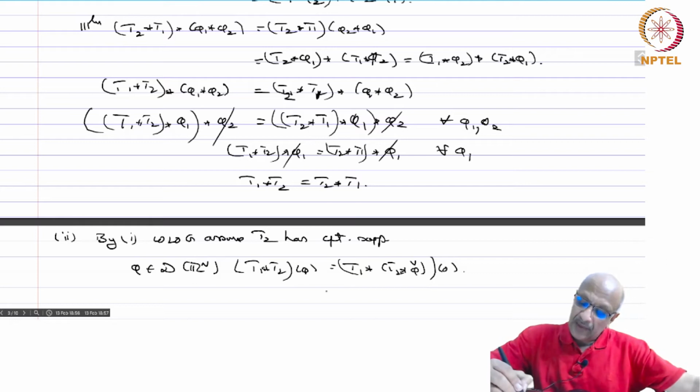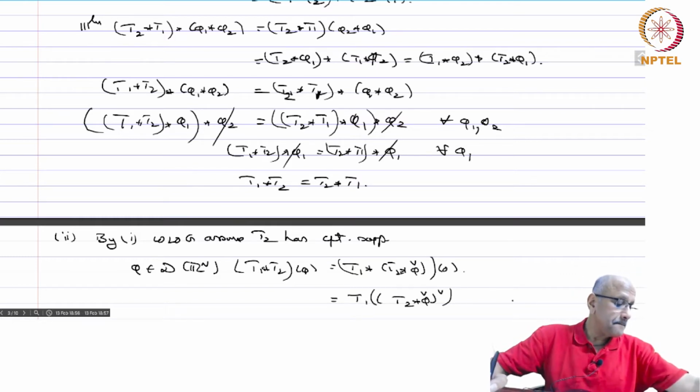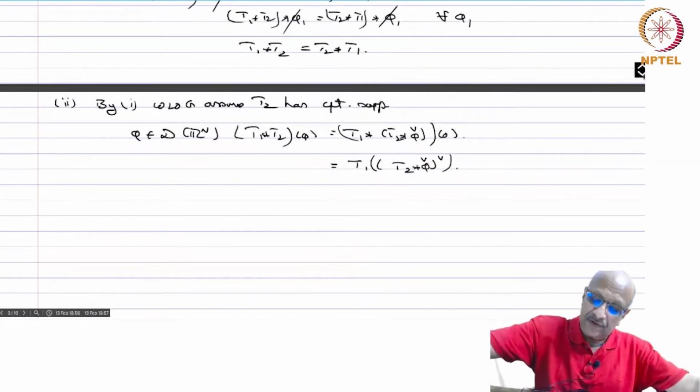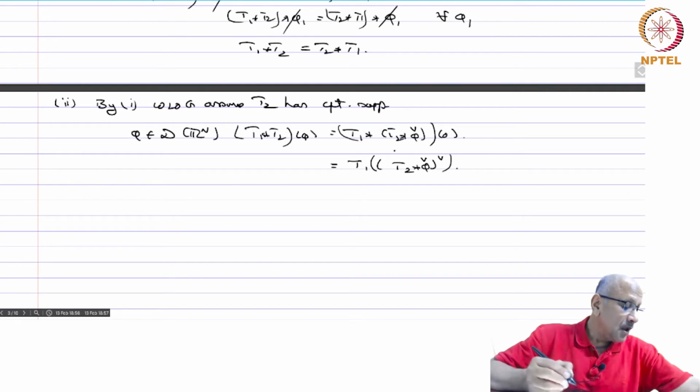And what is that equal to? So you have this is a C infinity function with compact support, this distribution, and you are evaluating at 0. So this is nothing but T1 at T2 star phi check. Okay, I am just using the definition of the convolution of this distribution and a C infinity function with compact support.